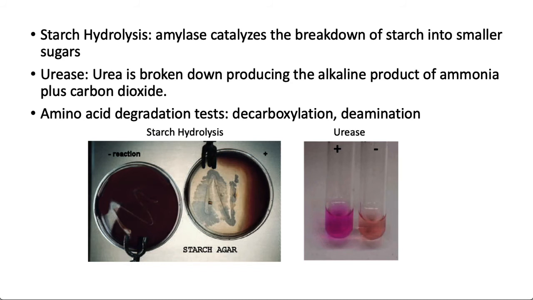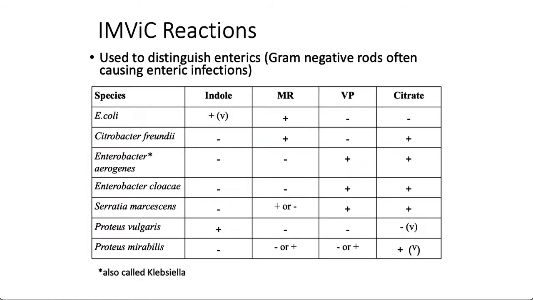And then you have a number of other tests that will look at degradation of amino acids. This slide shows what we call the IMViC reactions, and this is like a panel that is very often used, and in this particular set, these are all gram-negative bacteria that are often present in the GI tract.